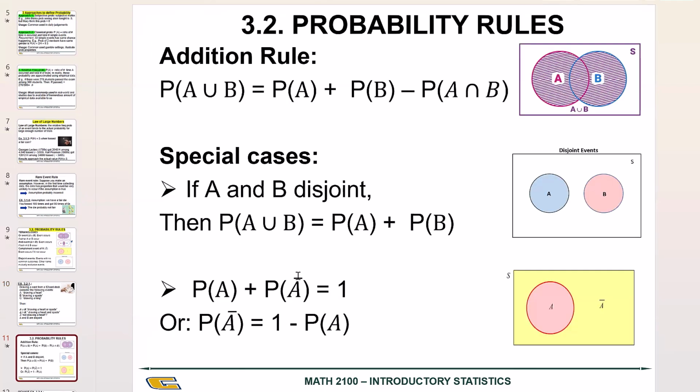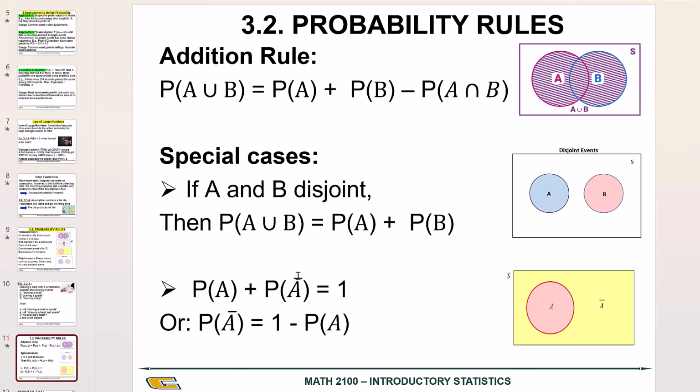So let us look at the addition rule. It helps us to calculate the probability of the OR event. So the probability of A or B is equal to the probability of A plus the probability of B, and subtract the probability of A and B. If you look at the top figure here, the first circle is the A event, and the second circle represents the B event.